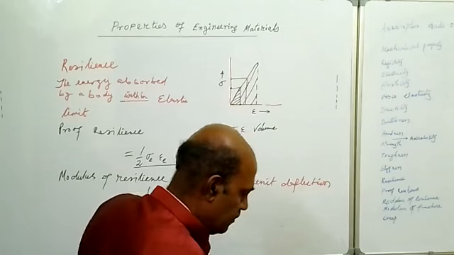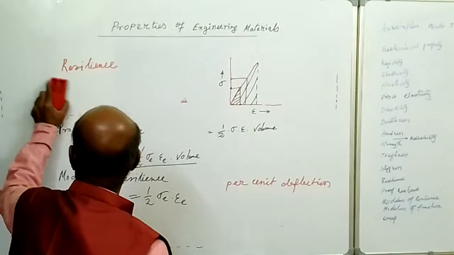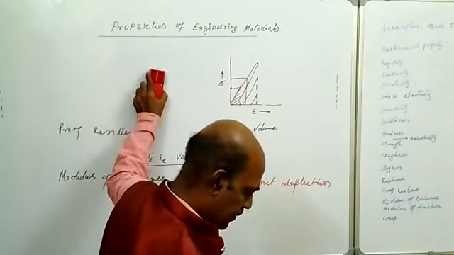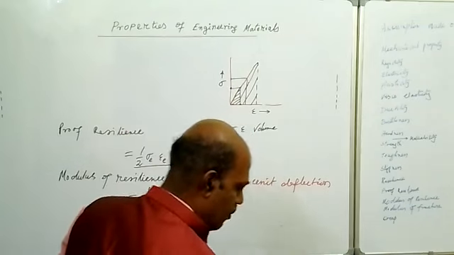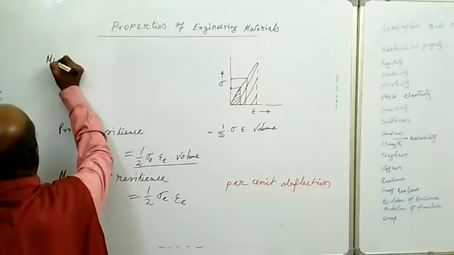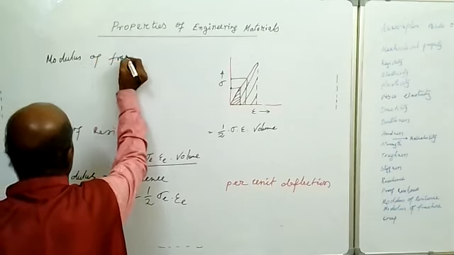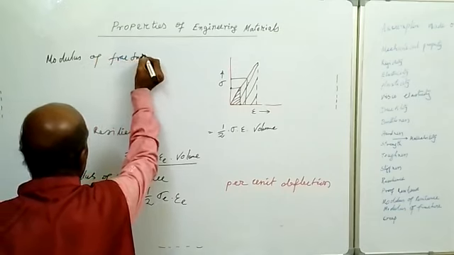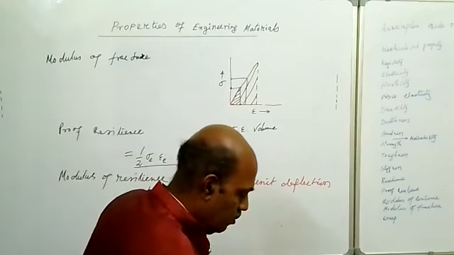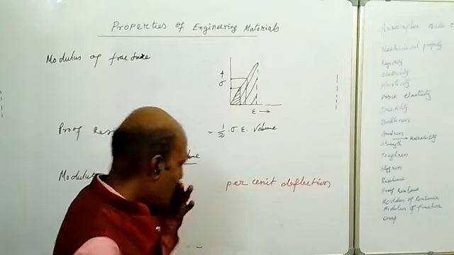Next is the modulus of fracture. This is the energy absorbed by the body up to breaking point per unit volume, that is, up to fracture per unit volume.